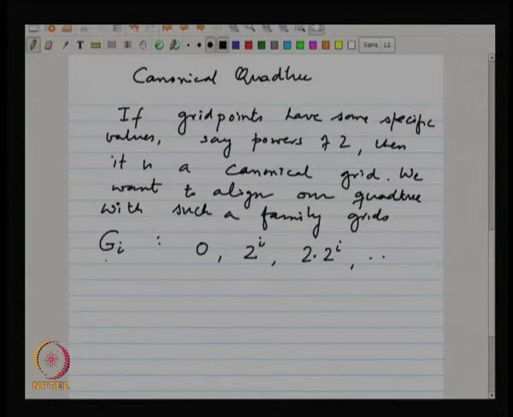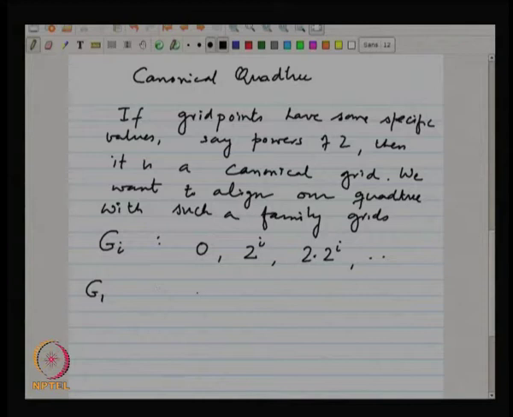So, that is what I am calling G_i. G_1 is 0, 2, 4, 8, and so on. G_2 will be again powers of 2. So, that kind of thing.